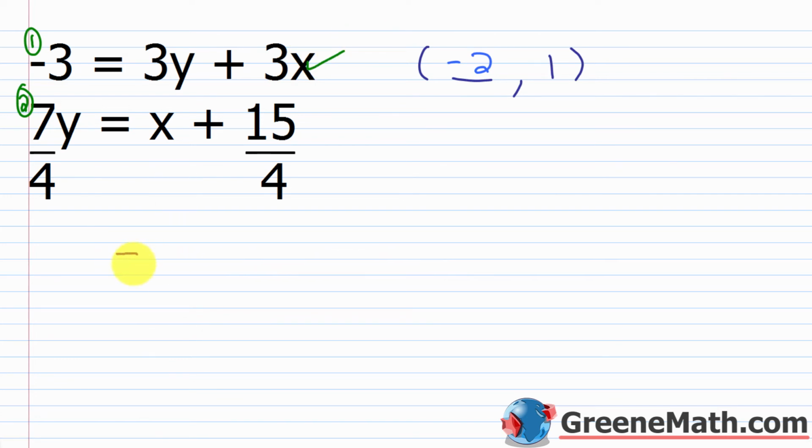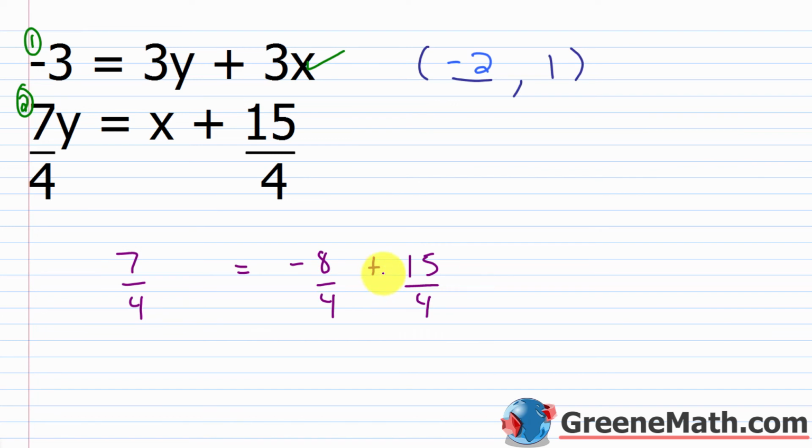For the next one, I have 7/4 times y. Y is 1. This equals x, which is -2, plus 15/4. So we know 7/4 times 1 is just 7/4. For this one, I need a common denominator. So I would multiply this by 4 over 4. So I'd have -2 times 4, that's -8. -8 over 4.